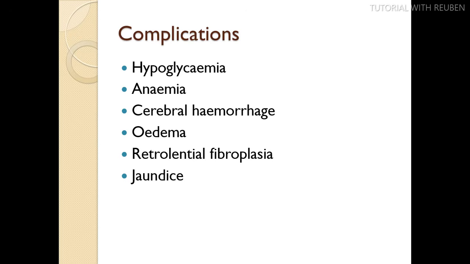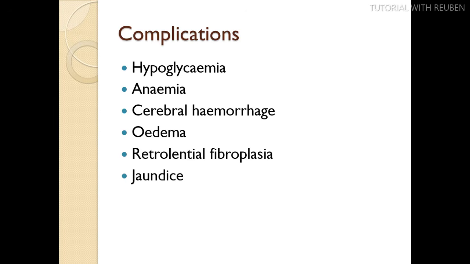Infection is due to premature baby born before the immunoglobulin G is passed to the baby in the last trimester. And then hypothermia is another complication, which is due to immature heat regulating center in the medulla and the thin subcutaneous fats.